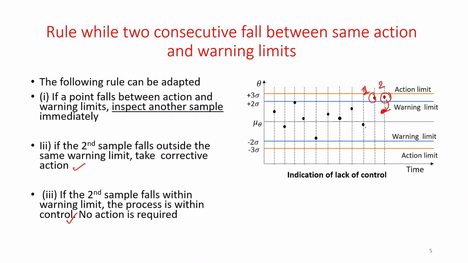However, if the point comes back in between warning limits, upper and lower, then we'll say the process is still under control. One point going above warning limit does not mean that the process has gone out of control. When two points go, then only we'll say the process is out of control. That is how we should look at the data and make the right conclusions.